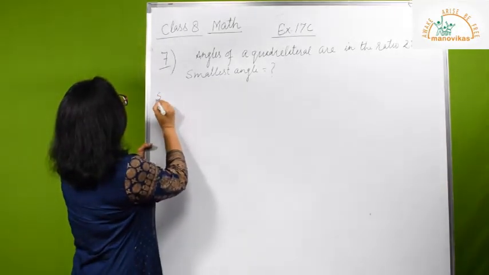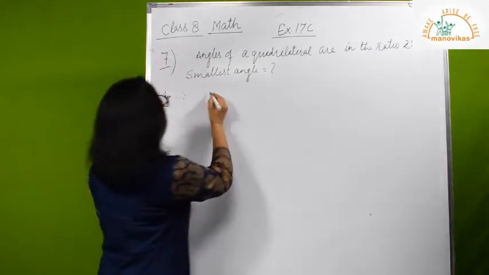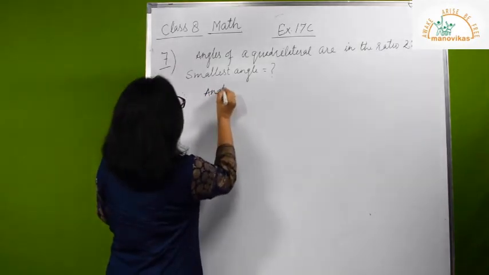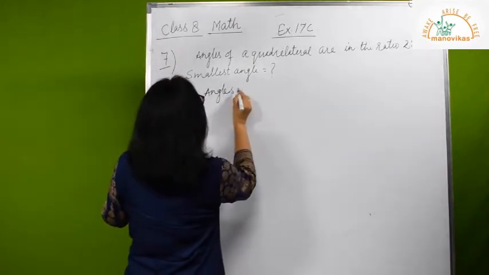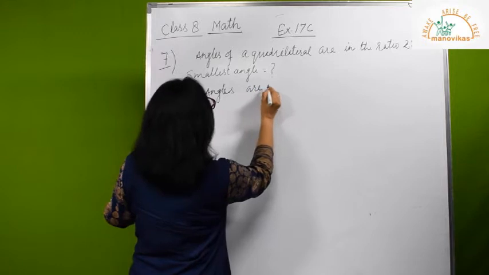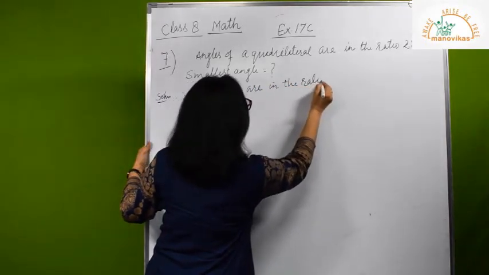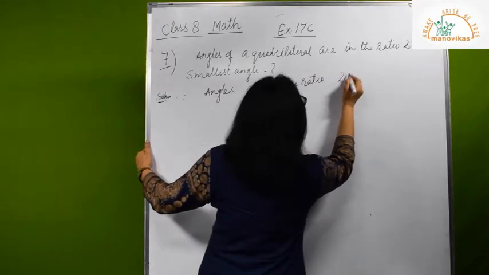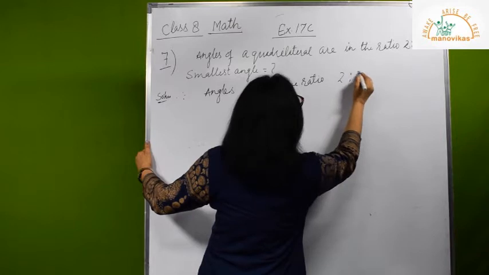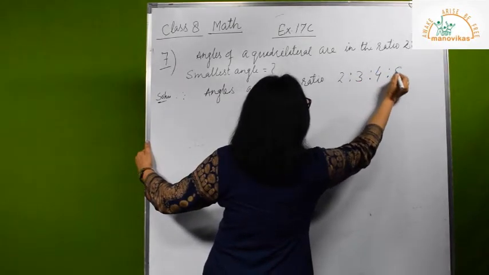So let's start. First of all, we will convert the angle ratio into variables. So angles are in the ratio 2, 3, 4, 9.